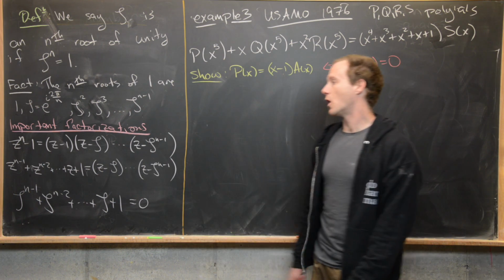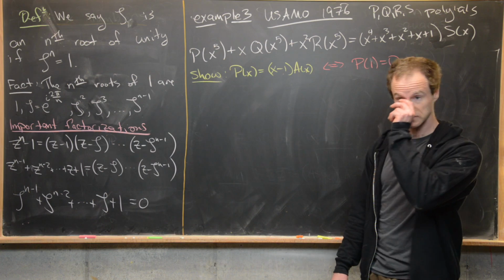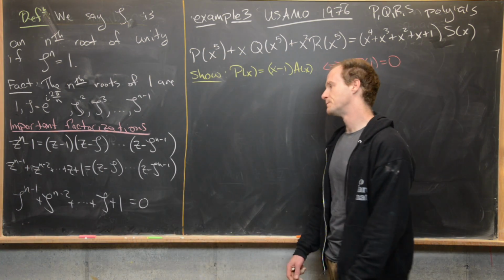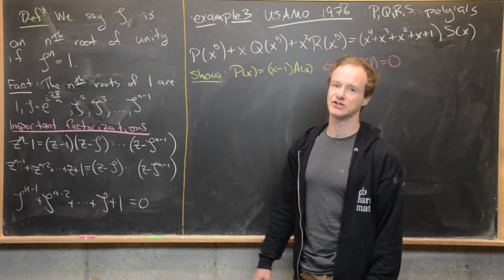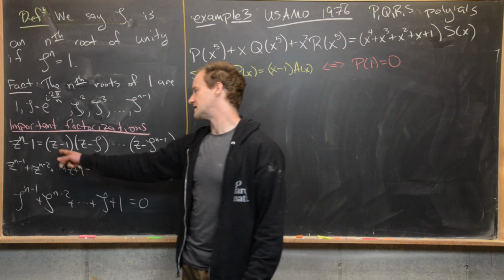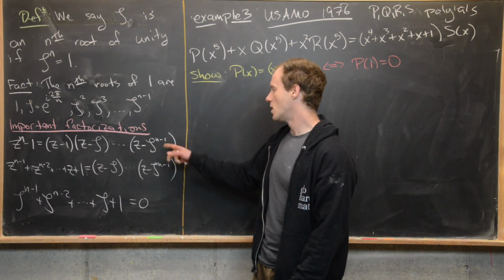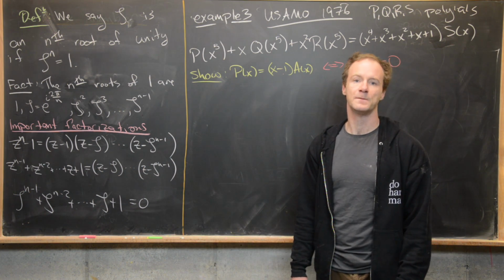Okay, and then a really important factorization involving these nth roots of unity goes like this. So we've got z to the n minus 1 factors as a product of z minus each of these roots of unity. So we've got z minus 1 times z minus zeta times z minus zeta squared, all the way up to z minus zeta to the n minus 1.